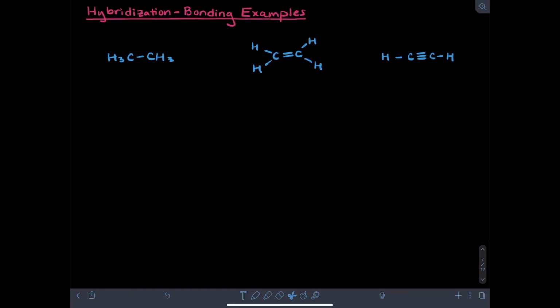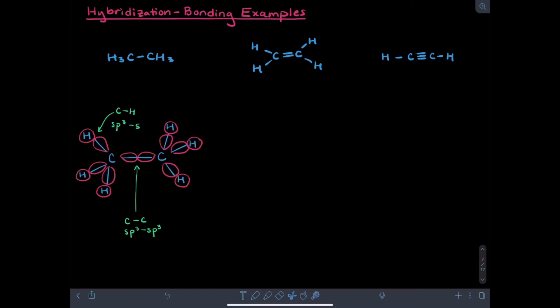I'll show how I would draw what I would call a hybrid orbital diagram for ethane, ethylene, and acetylene. These will be our sp3, sp2, and sp hybridization examples. In the case of ethane, where each carbon is sp3 hybridized, it's going to use its 4 sp3 hybrid orbitals to form 2 different types of bonds.